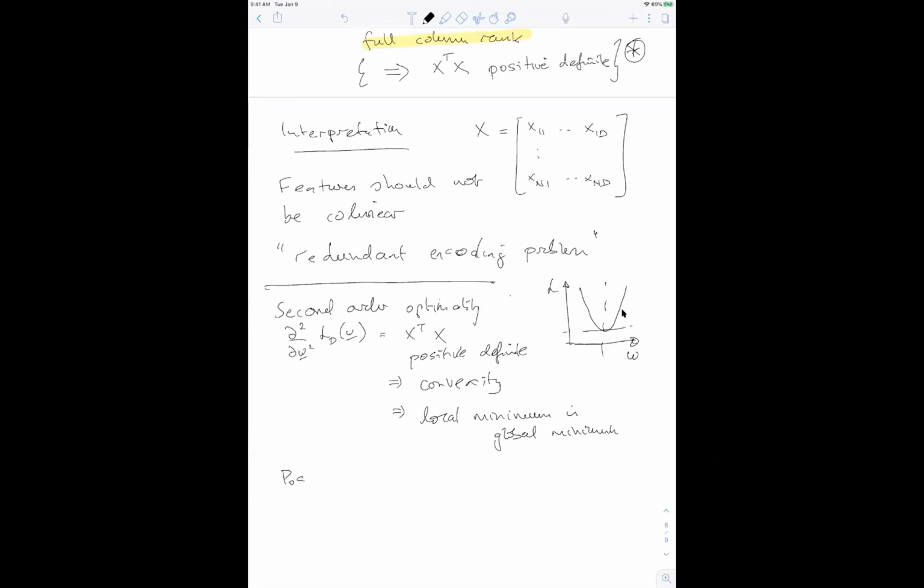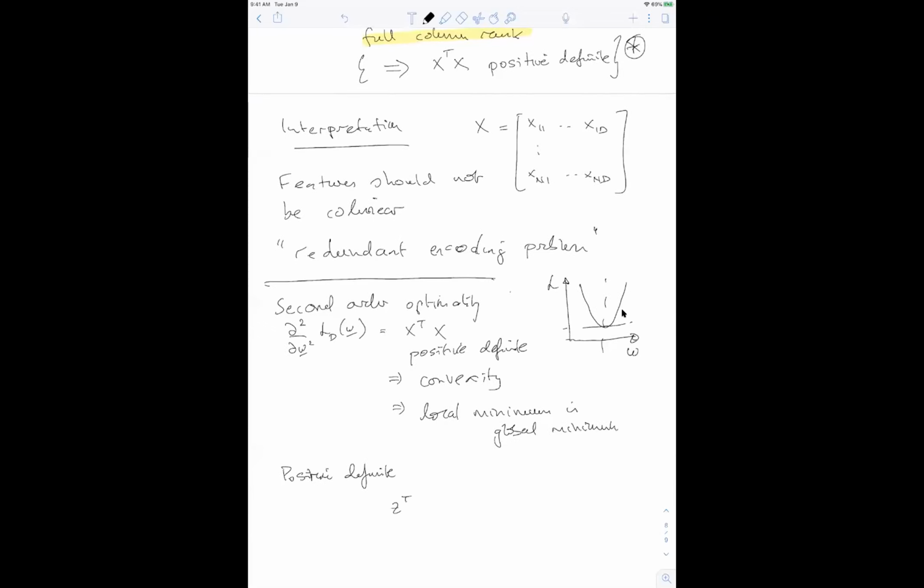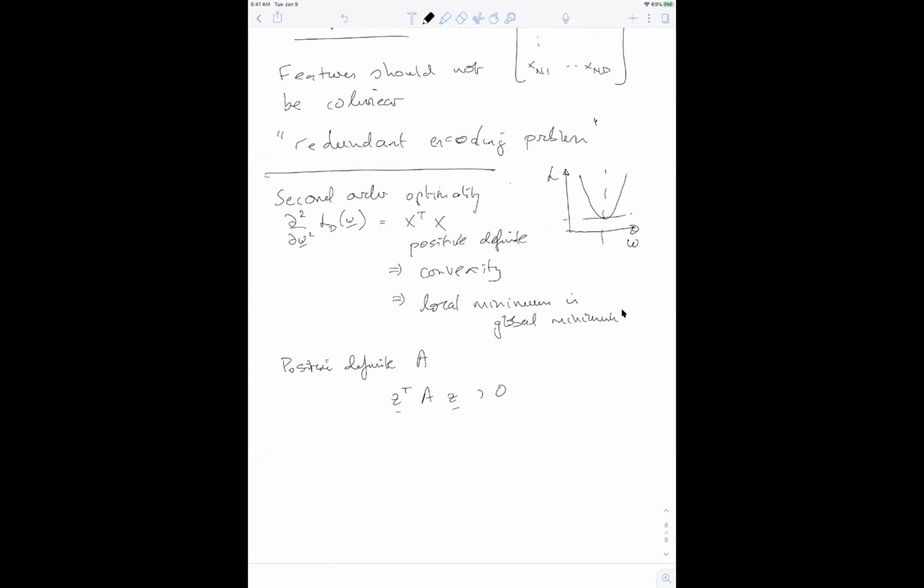And yeah, positive definite, just as a reminder, this is something in the section 0 review, is that matrix A has that property when pre and post multiplied by Z transpose Z. It's strictly greater than 0 for all non-zero Z. That's positive definite. Very powerful property, tells you something about the solution of the algebraic problem to your optimization problem.